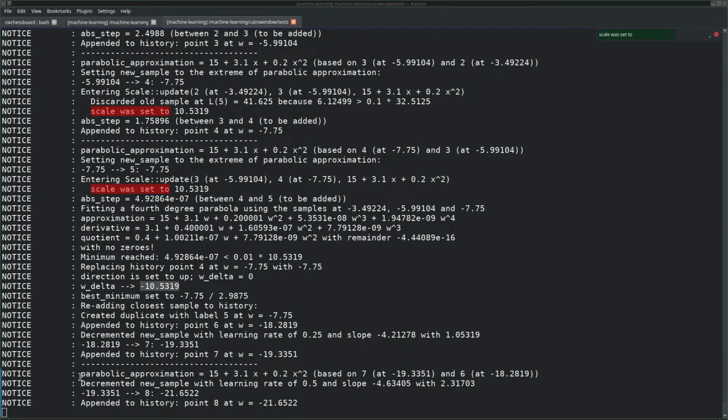But the parabolic approximation is again the same thing. Nothing changed. We tried going that direction, but nothing changed. And now we find that the minimum, no. We keep going in the same direction.